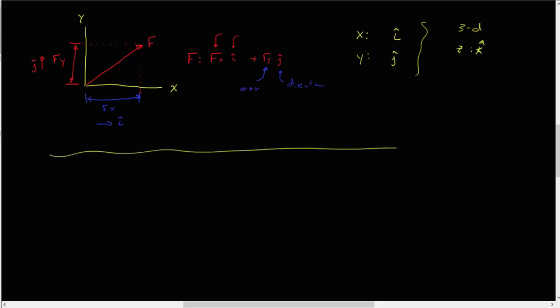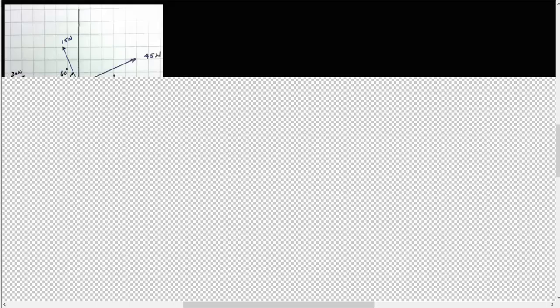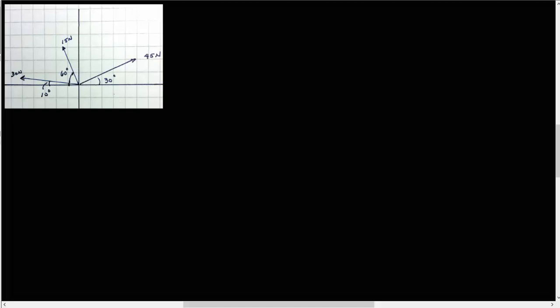So I think the best thing to do is to look at an example. So let's go ahead and do that. I've got an example here, and I've got three vectors. I've got a 30 Newton force, a 15 Newton force, and a 45 Newton force, all given direction from the x-axis.